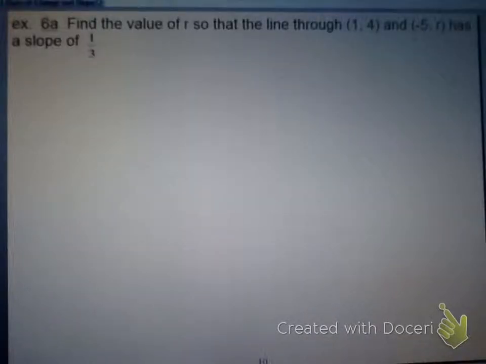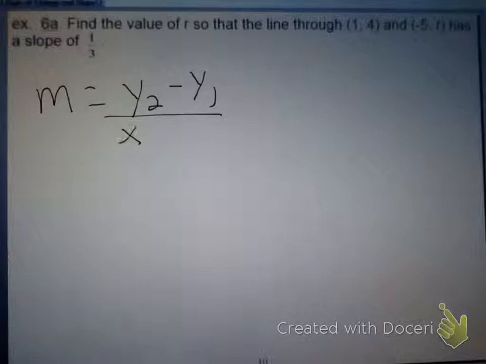Example 6a, find the value of r so that the line through (1, 4) and (-5, r) has a slope of 1/3. Okay, in this problem, we're going to use our formula, m equals y2 minus y1 over x2 minus x1. But in this problem, they gave us our slope. What is missing is the y. So let's plug in what we know into the formula. Slope is 1/3.